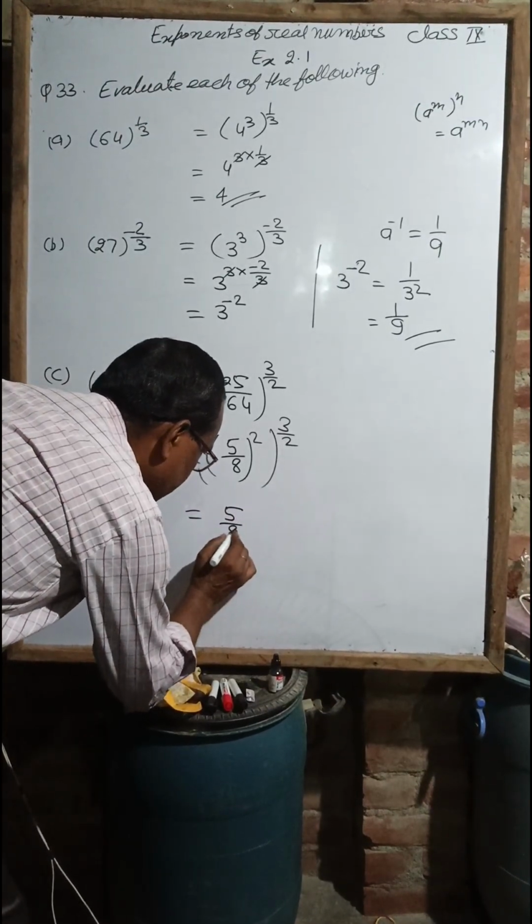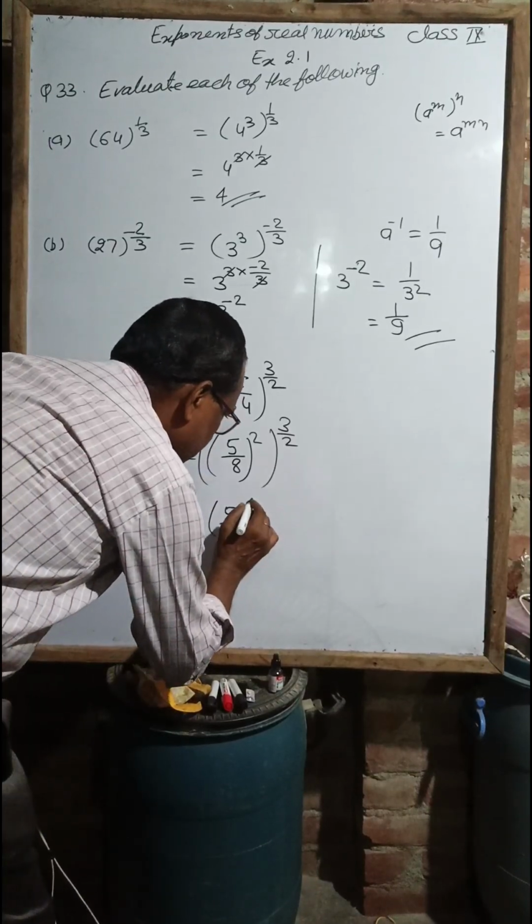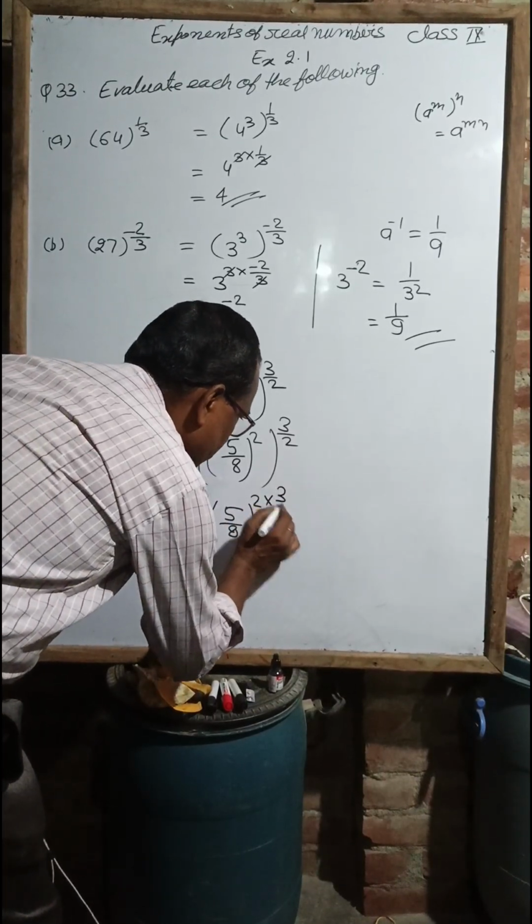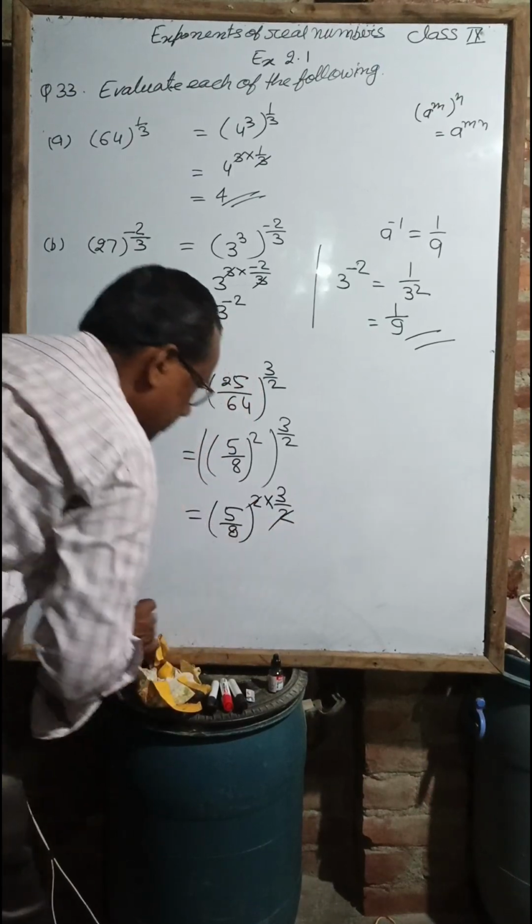Again applying this rule, a to the power m whole to the power n equal to a to the power mn.